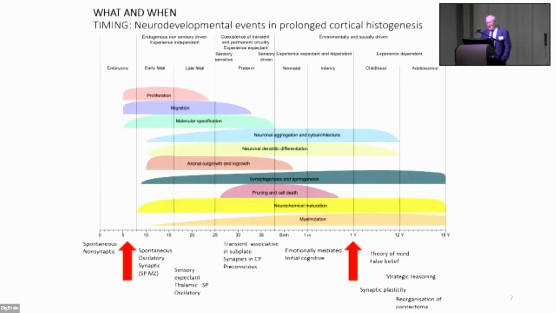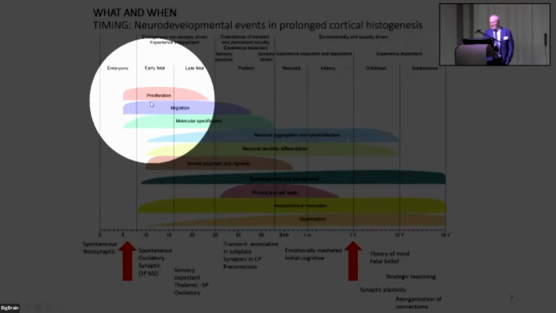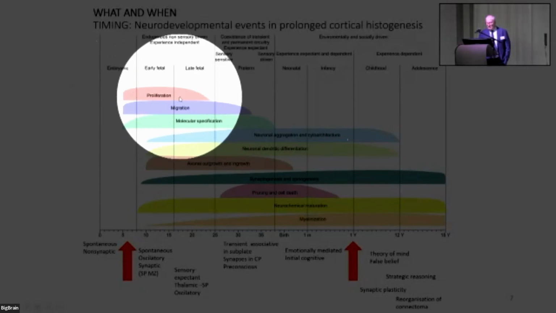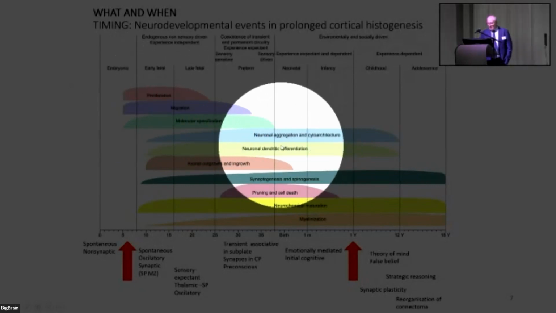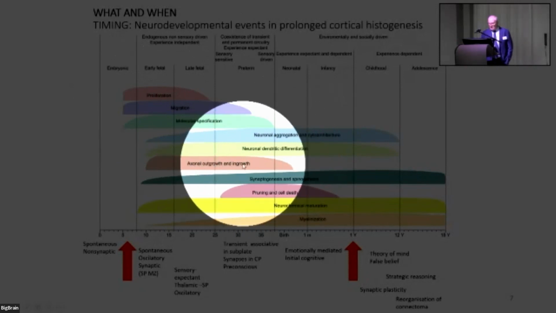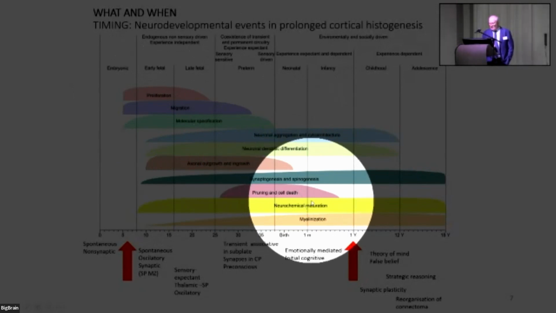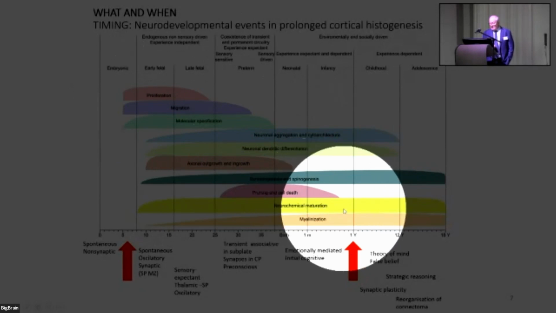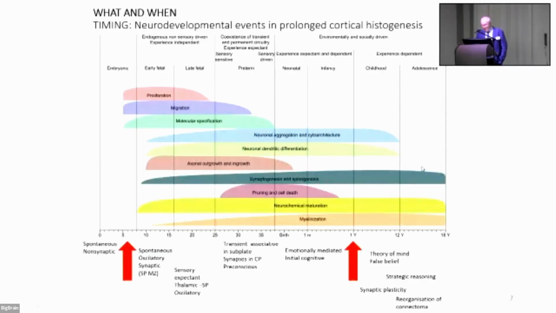This diagram shows how intensive different processes are in different periods, from proliferation, which means production of neurons, migration, molecular specification, neural aggregation and cytoarchitecture, axonal ingrowth, and finally pruning of exuberant connectivity. But neurochemical maturation, myelination, and synaptogenesis rearrangement are practically a lifetime process.